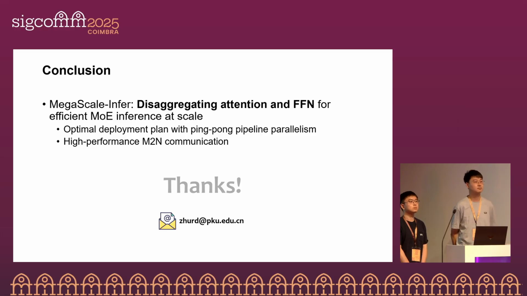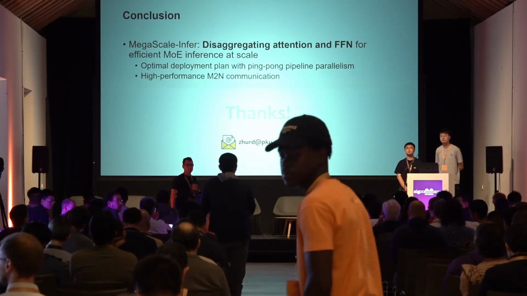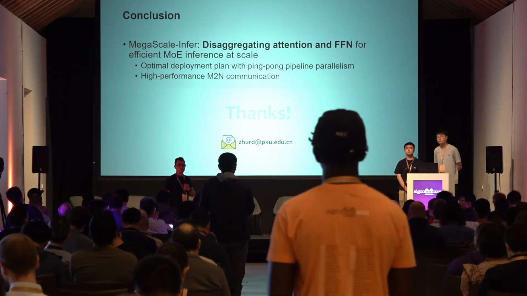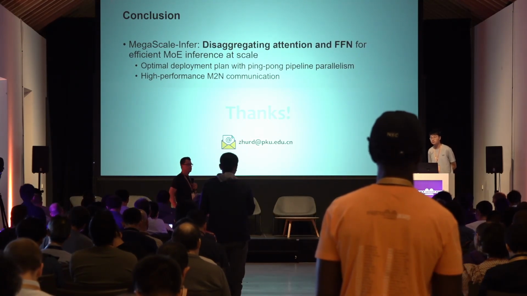James from Meta. I'm wondering what kind of compute side modification needs to be done to realize the disaggregating attention and FFN. Is there zero modification, or some modification, or something in between? Sorry, could you repeat the question again?